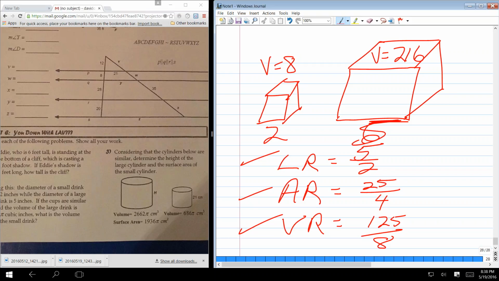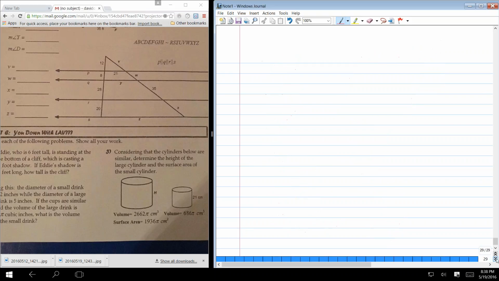All right. Now let's do problem 3, which is going to require this analysis. They're similar cylinders. Surface area is the same as area. In other words, if we know the linear ratio, then the surface area ratio is going to be the square of the linear ratio.